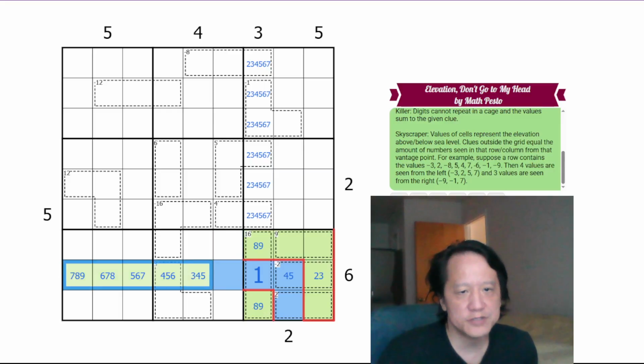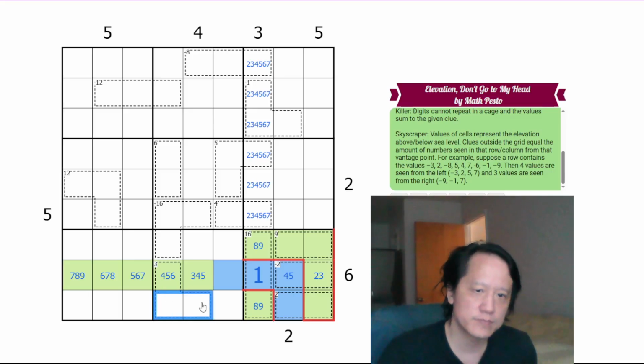Water. Now, this is interesting. Water is going to have to be at least one of these 2 digits. It could be both. Which means it's going to have to orthogonally connect to the water here, because otherwise this is going to be blocked.